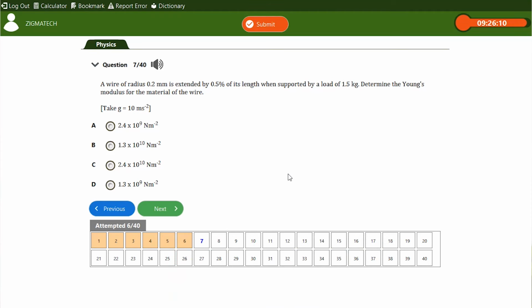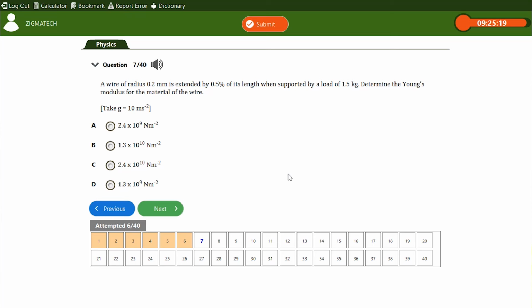Okay. Now, number 7, a wire of radius 0.2 millimeter is extended by 0.5% of its length when supported by a load of 1.5 kilogram. Determine the Young modulus of the material of the wire.